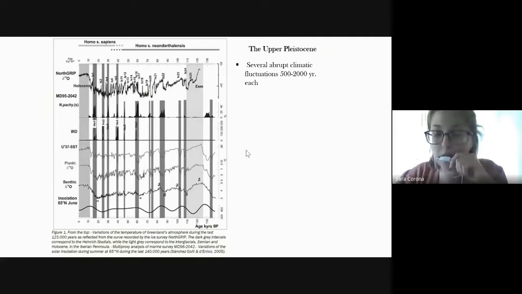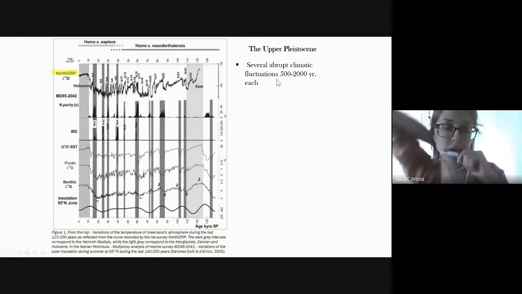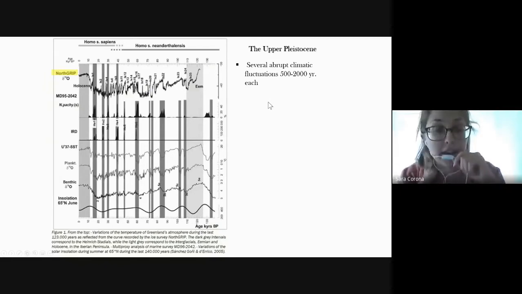First of all, the North Greenland Ice Core Project, NorthGRIP or GRIP isotope curve, and also the isotope curve detected from pelagic sediments from the North Atlantic Ocean, which have been analyzed in the survey MD95-2042. If you could please click, Professor Azzarello. Thank you. Especially this last survey has been taken near the Iberian coast. Again, thank you.